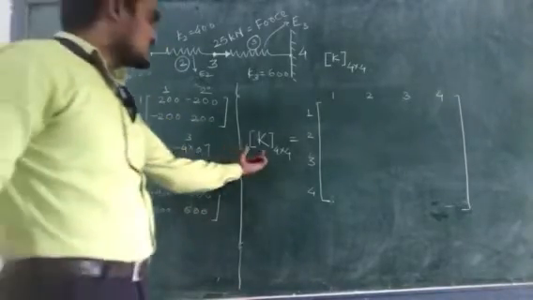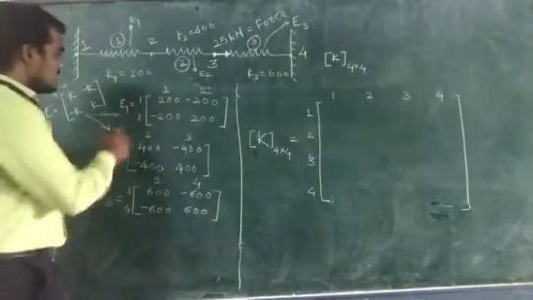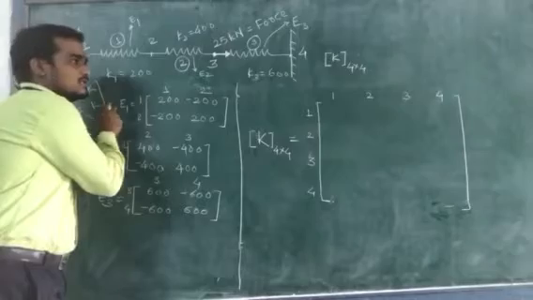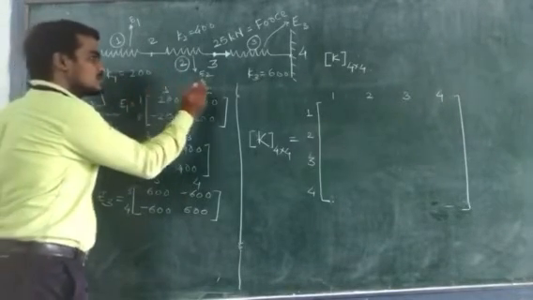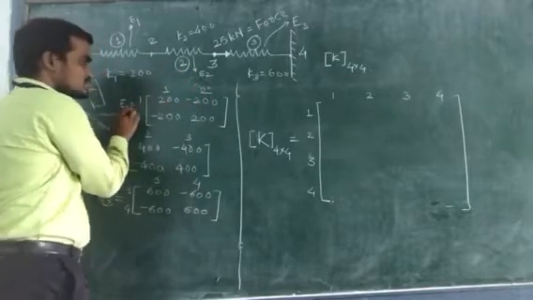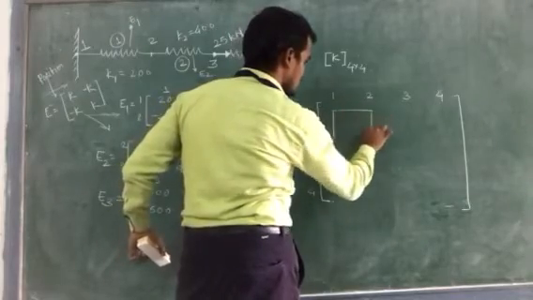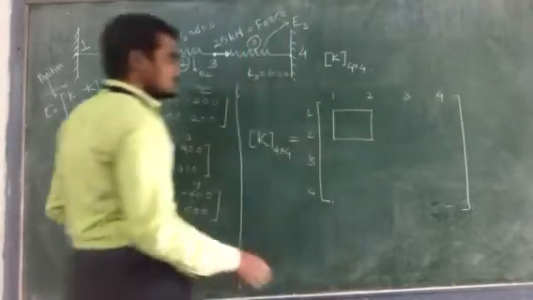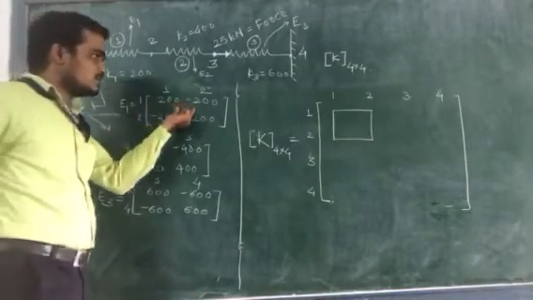Now construct it by using the elemental stiffness matrices. Element 1 lies between node 1 and 2, meaning between first and second column as well as first and second row. The position of that elemental stiffness matrix will lie between node 1 and node 2.